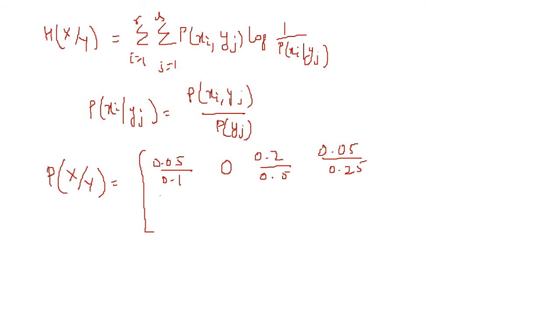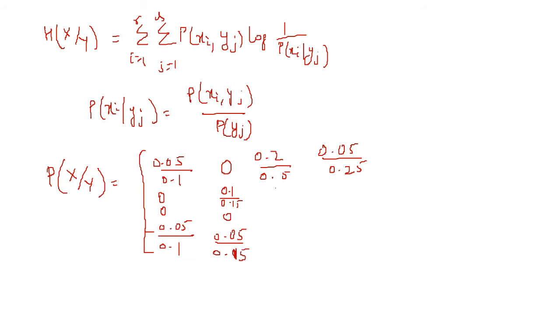Then similarly, in the next row, this element is 0, 0, and the last element is 0.05 divided by P of y1, which is 0.1. This element is 0.1 divided by 0.15. The next element is 0. The last element is 0.05 divided by P of y2, which is 0.15.